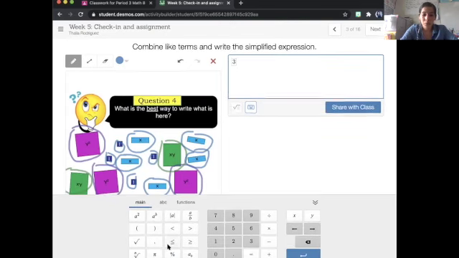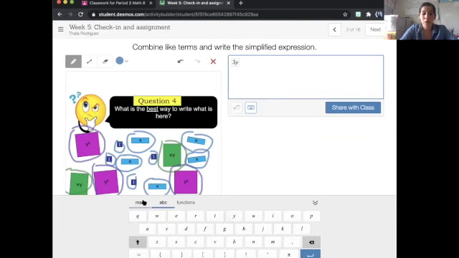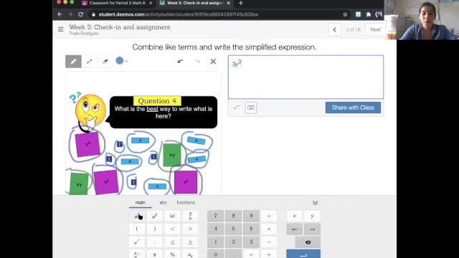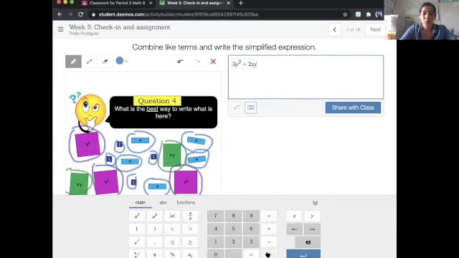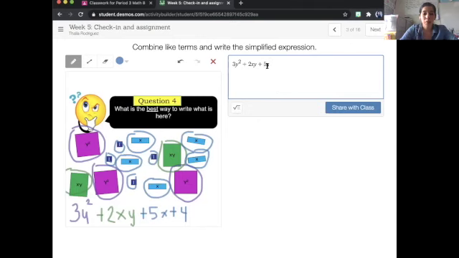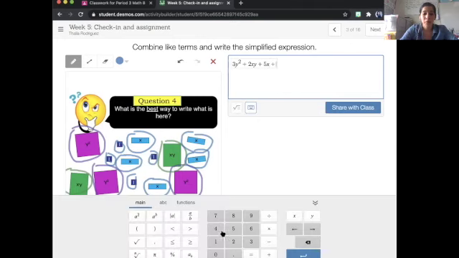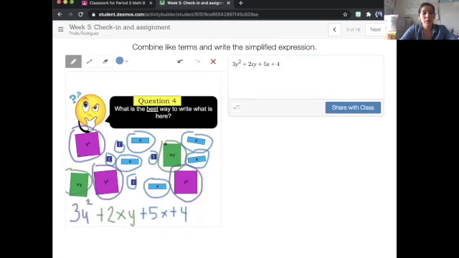So you could just, I don't see the, oh, here's the y, 3y, and then to the power of 2 plus, we said 2, and then again x, y, and then we do plus 3x, and then, oh no, I got that wrong. 1, 2, 3, 4, 5. It's plus 5x. So plus 5x, and then plus 4. Okay. And so that's exactly how you would do it.